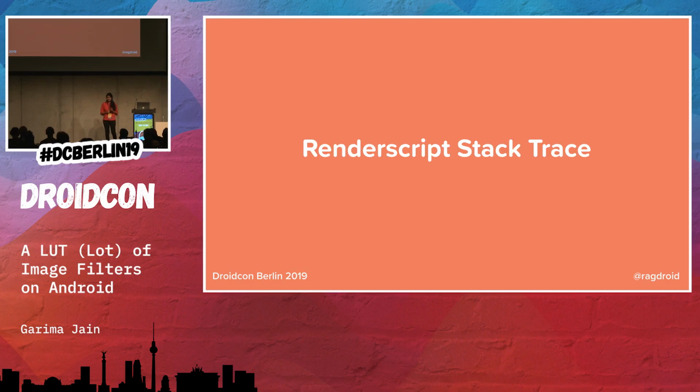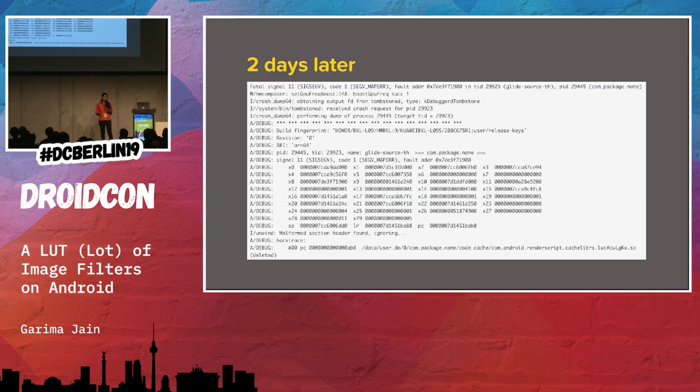The first one was the Renderscript stack trace. I was playing around with my implementation, and I found out that it was crashing for random cases, and we don't want that to happen. I saw this stack trace, and it was really hard to debug.